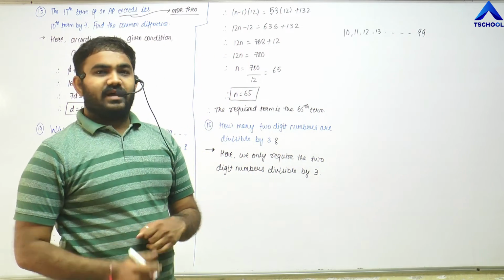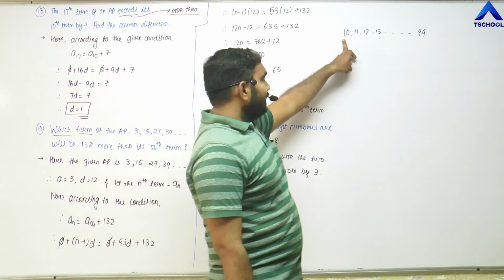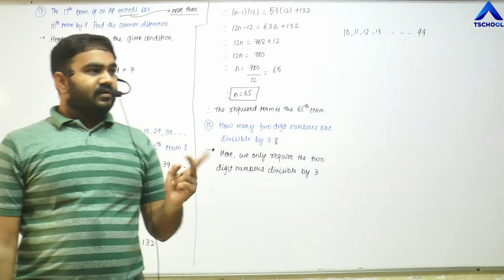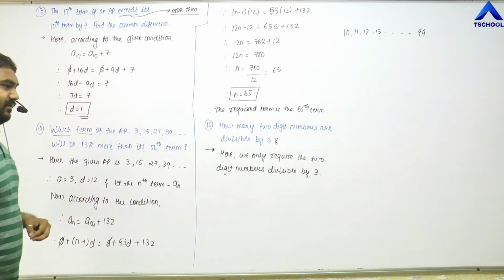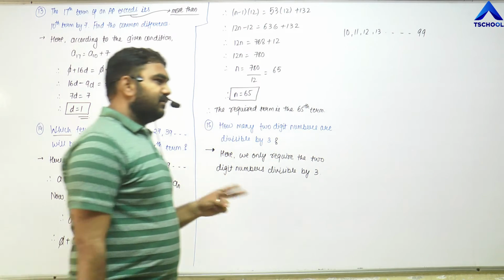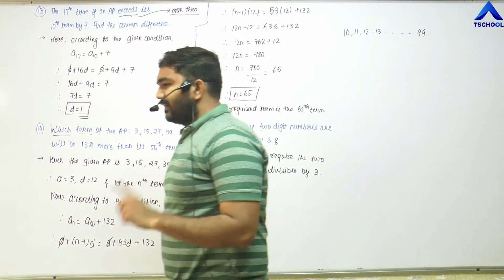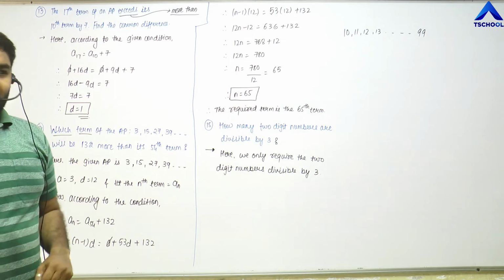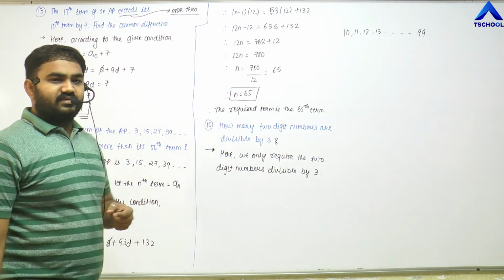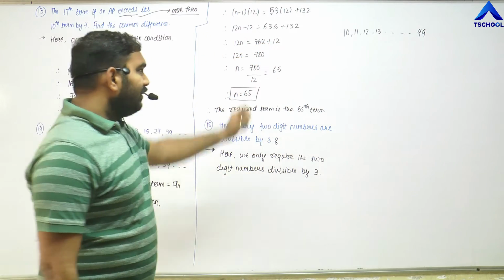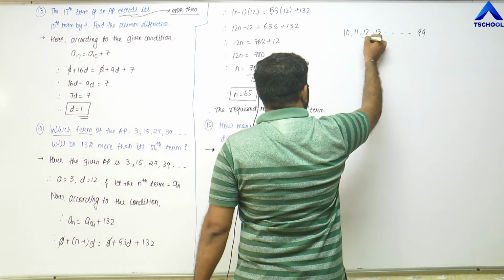So here 10 cannot be divided by 3 because that will leave 1 as a remainder. Same for 11, which cannot be divided by 3 because that will give 2 as a remainder. 12, if I divide 12 by 3, gives 0 as a remainder because the quotient becomes 4, that is 3 into 4 is 12. So the first number here will be 12.